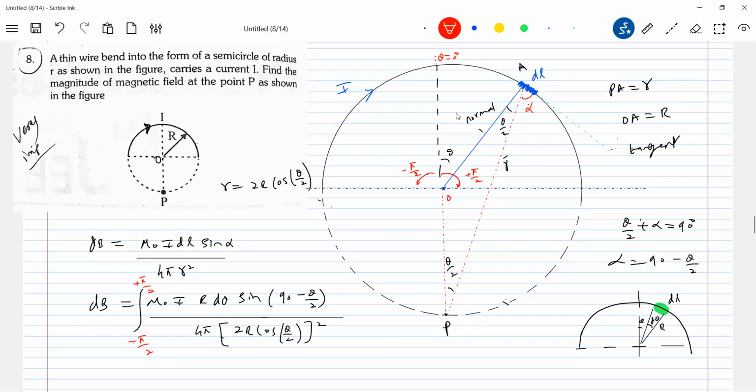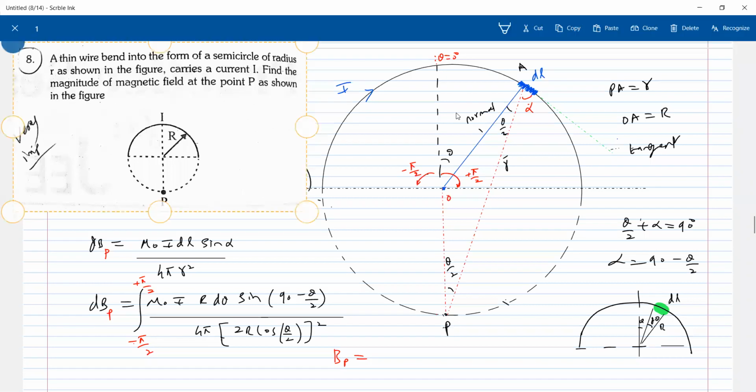Anybody got the value? Wait, I'll check the question. Yes, I think options are available. mu naught I by 4 pi r log of root 2 plus 1.